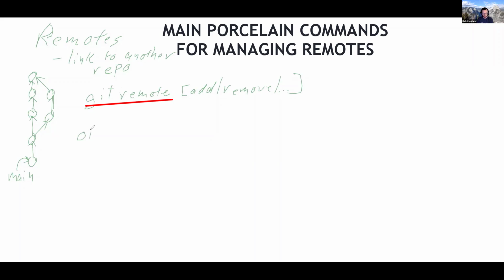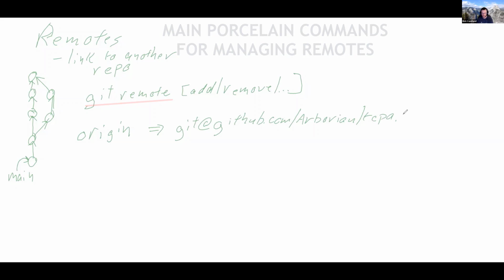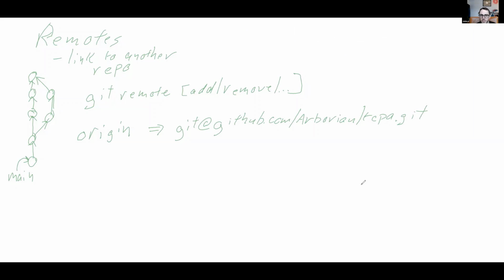So the most common one is origin. And then that will link to something like git@github.com, Arborian, and then something like, I don't know, TCPA. Sorry, what are porcelain commands again?